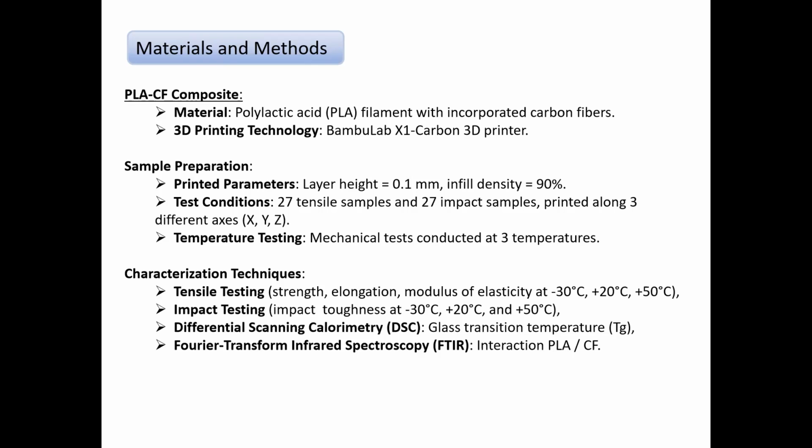In these characterizations, we used techniques that means tensile testing, impact testing, and after that, to scan our material structure to find what happened with the material, we used the DSC method and TIR method.